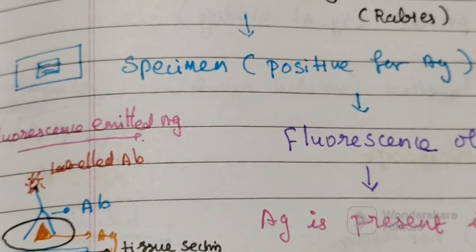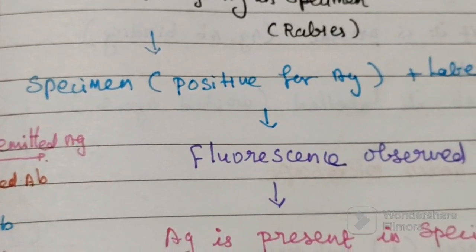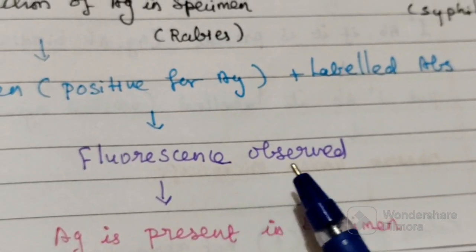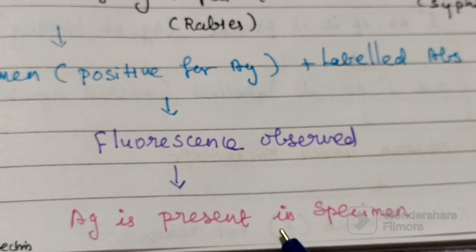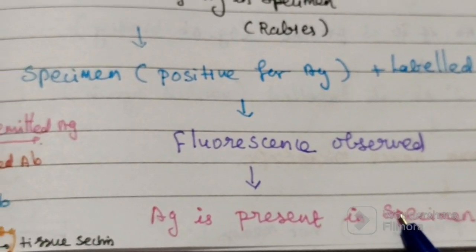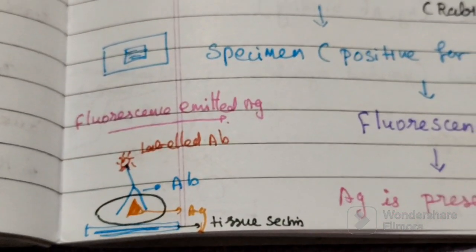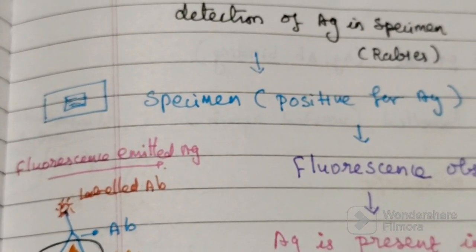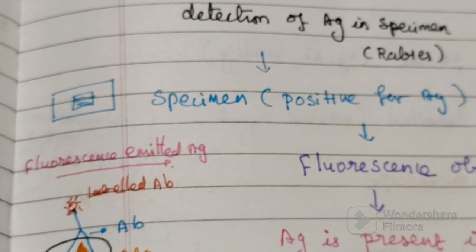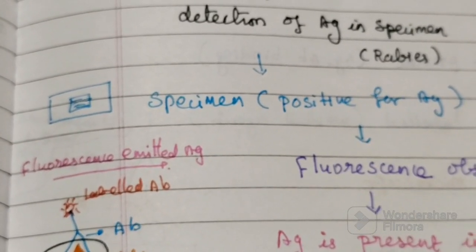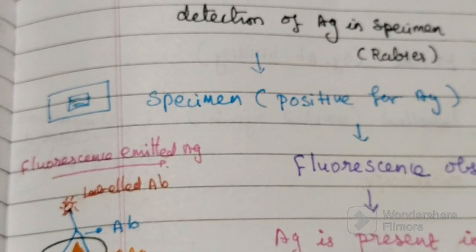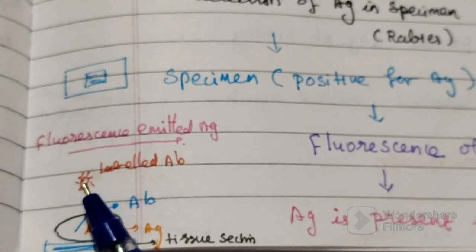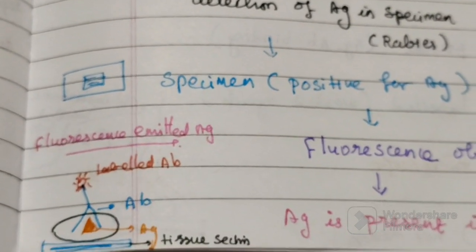So in a suspected positive specimen labeled with antibody, if fluorescence is observed, antigen is present in the specimen. Light present means antigen present. Light absent means antigen absent. So it is a direct method, with the fluorescent label just emitting light.